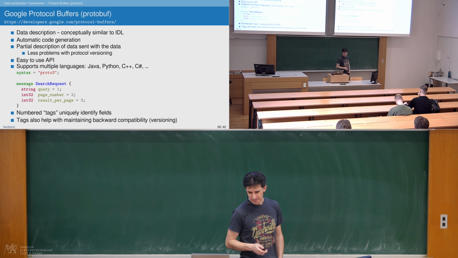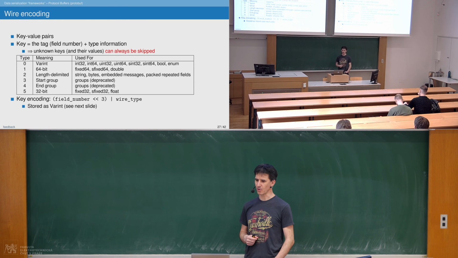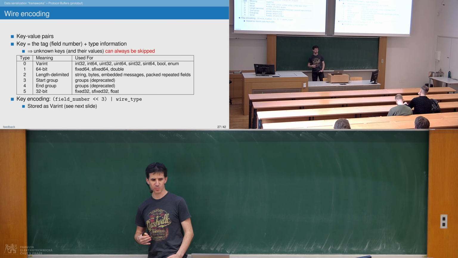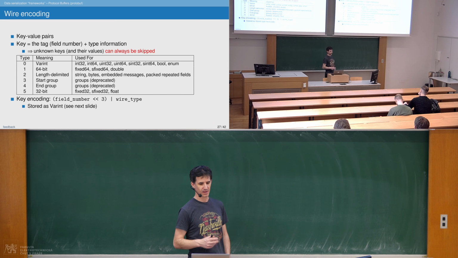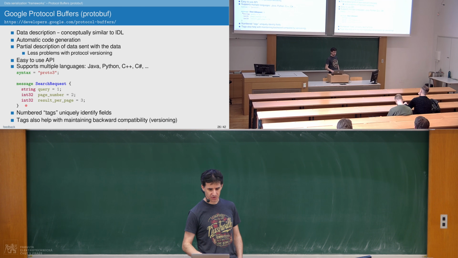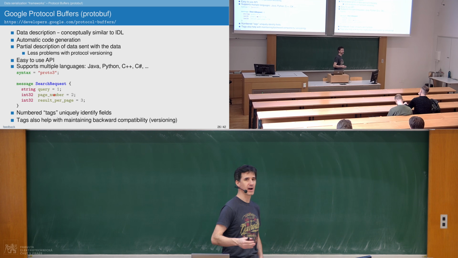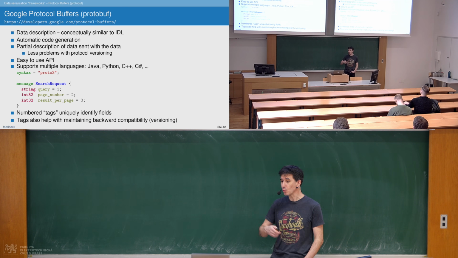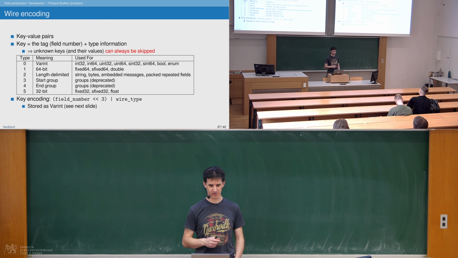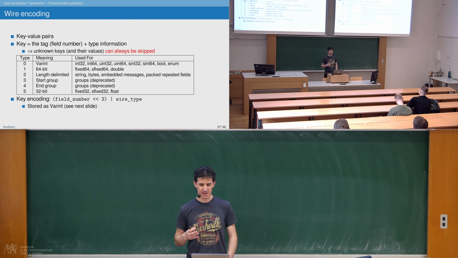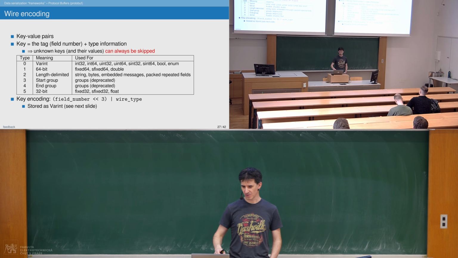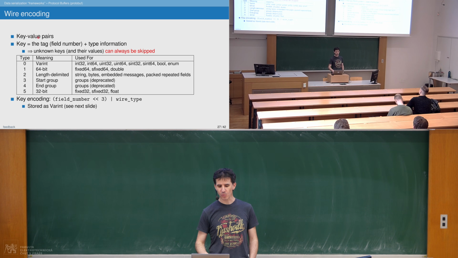Now let's look a bit more in detail at how the serialization format actually looks. It's called wire encoding: how this data structure gets encoded to the wire, at the lowest level, into a sequence of bytes. Everything sent via protocol buffers is sent as a key and value pair.